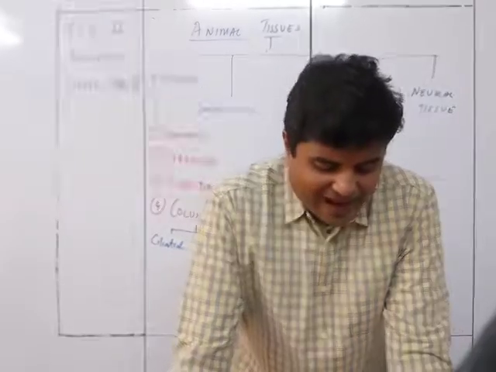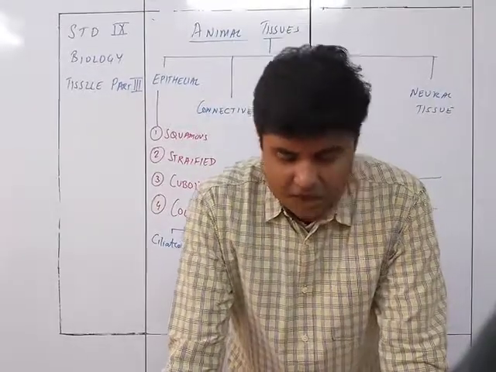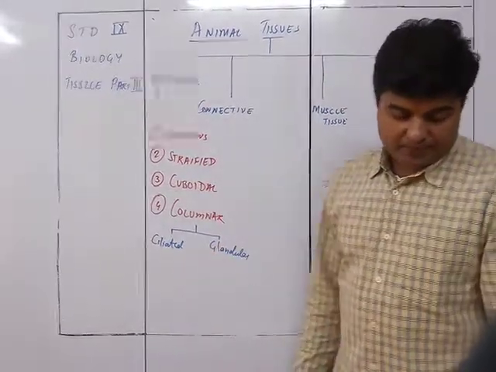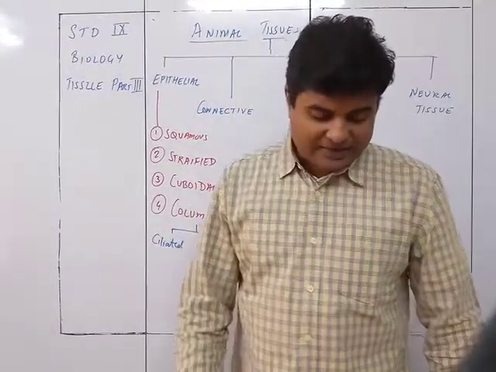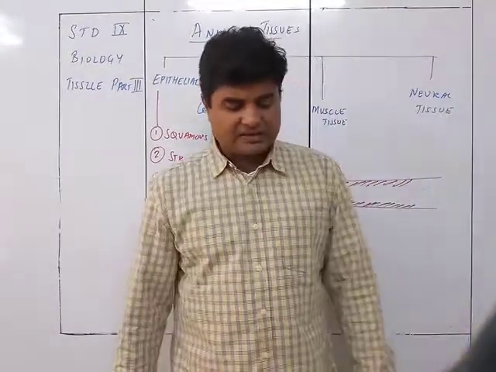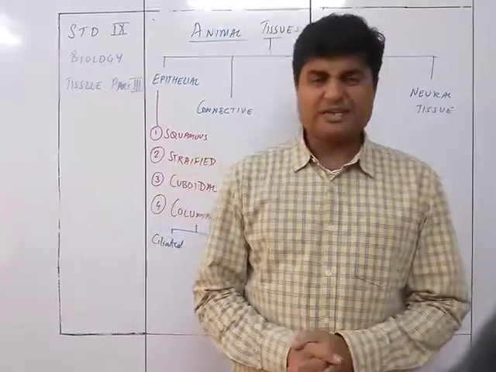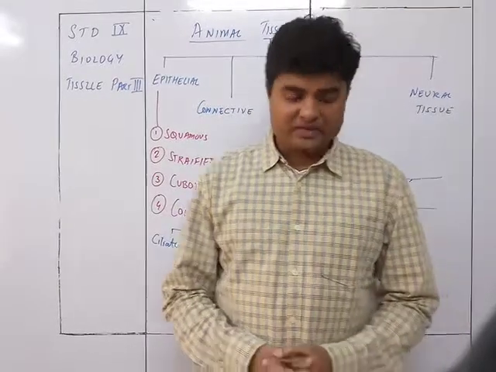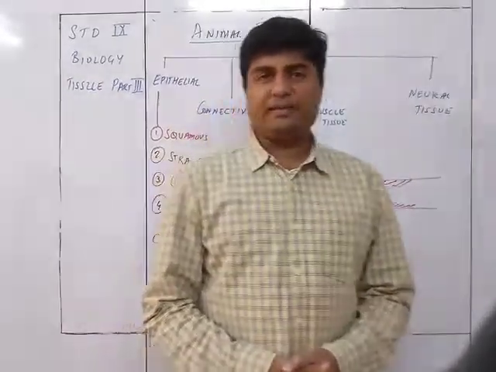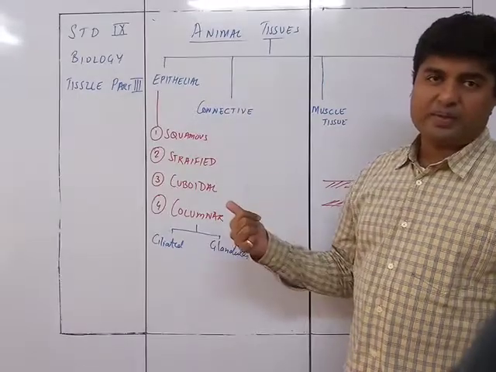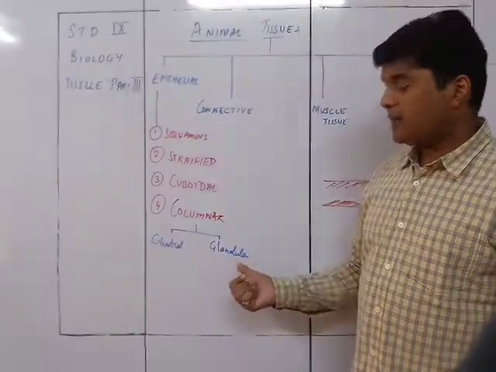The next one is glandular epithelium, also called columnar glandular epithelium. It contains some large cells which secrete certain chemical substances. Such cells are common in the lining of the stomach and the intestine. We already understood that columnar is in the stomach and the intestine, but this columnar also has a glandular part.